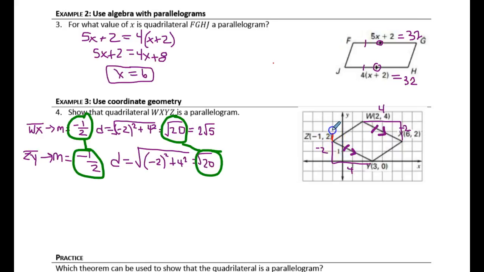If I find the slope of ZW, I can see that that's a positive 2/3. So my slope of ZW is positive 2/3, and my slope of XY is also positive 2/3.